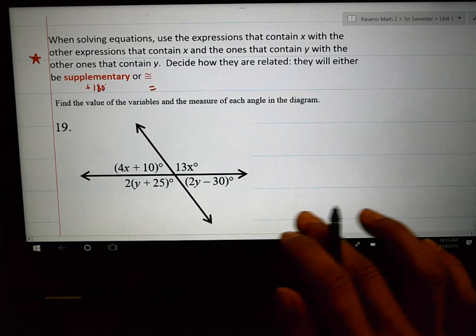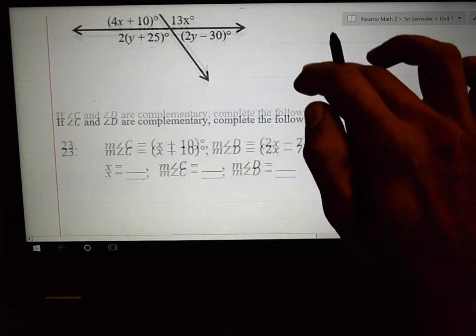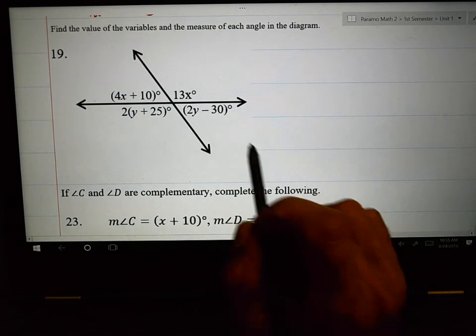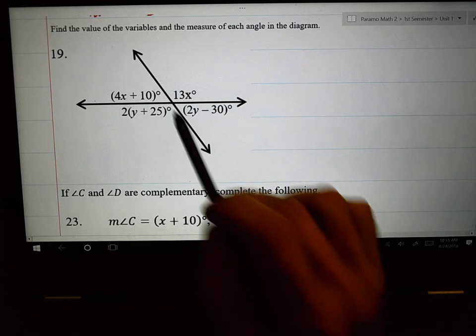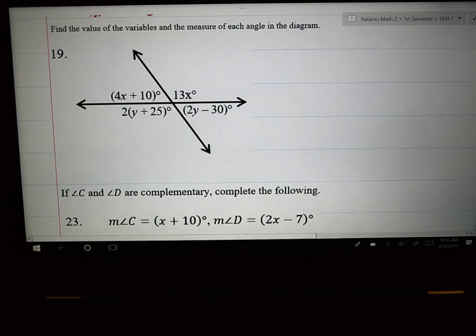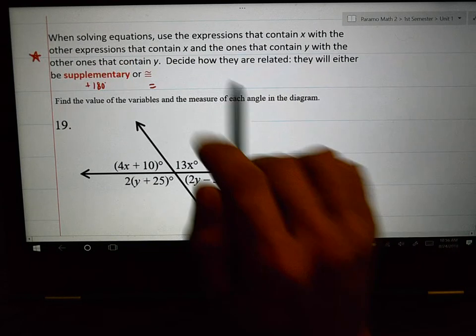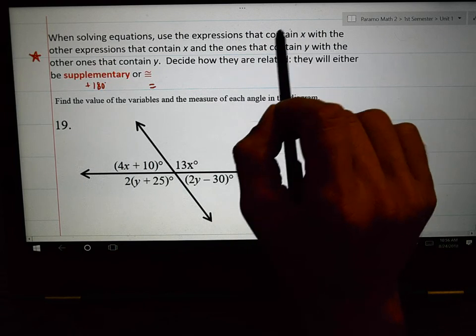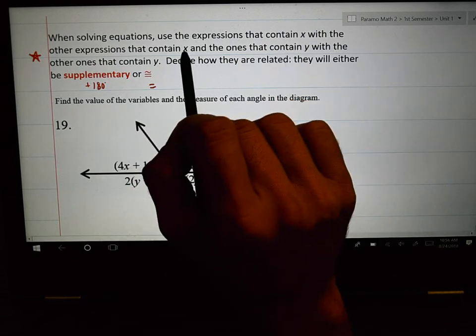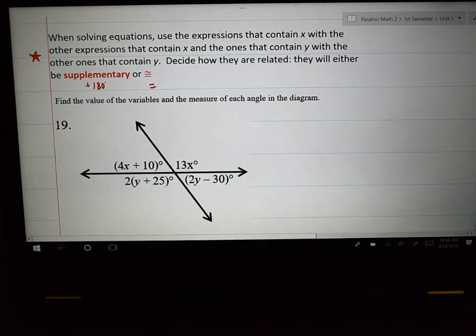So in problems like 19 and so on, you're going to have to figure out how the x's are related to the other x's and how the y's are related to the other y's. I recommend, if you're dealing with an x, figure out where the other x is and find out how those two things are related to each other.